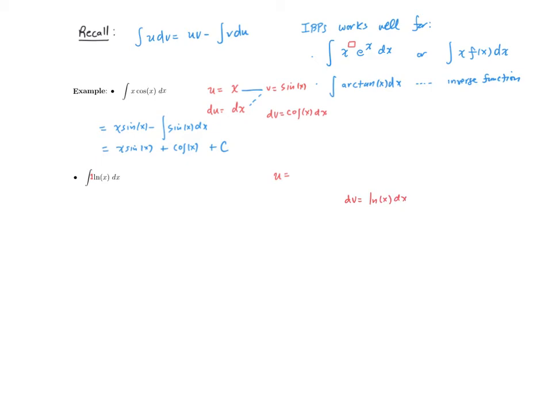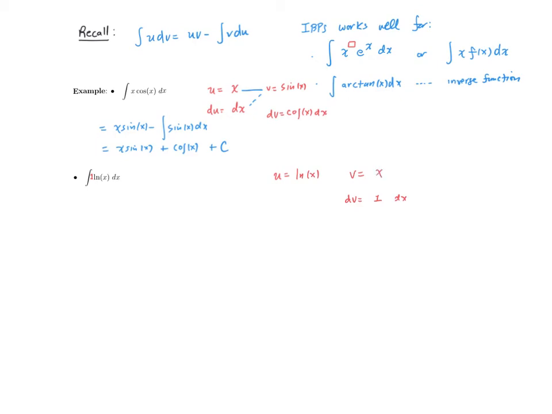If dv is natural log of x, to find v, you would need to anti-differentiate natural log. But if we knew how to anti-differentiate the natural log, we would not be using integration by parts. So instead of choosing the natural log of x to be dv, the only choice we can make is u as natural log and dv is 1.